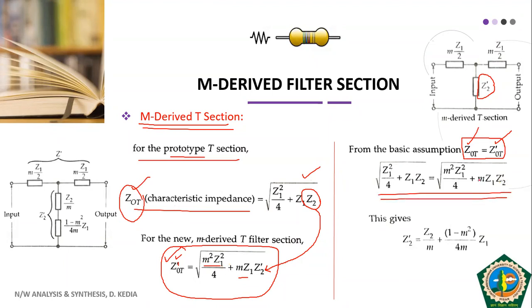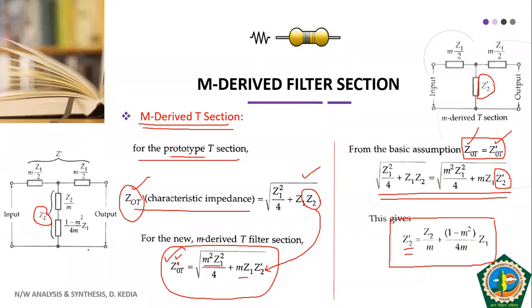After making them equal, we now have to obtain the value of Z2 dash. So if you solve this for Z2 dash, you will get this. You will easily obtain it once you do this analysis. If you carefully look at this, Z2 dash is equal to Z2 by M plus (1 minus M square) by 4M into Z1.